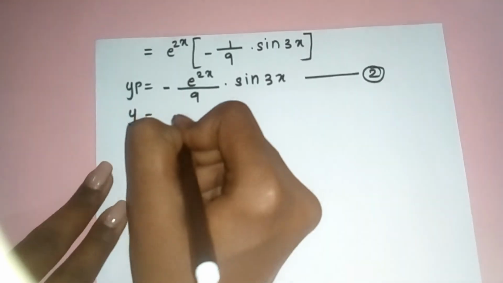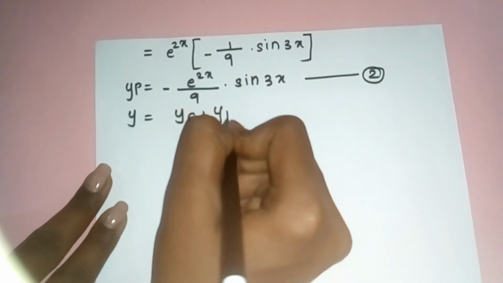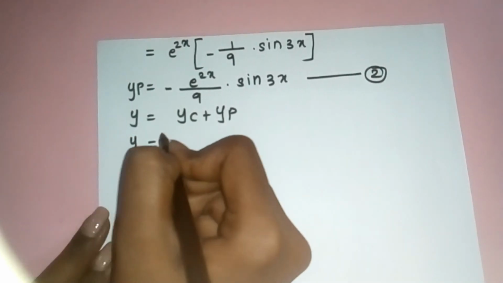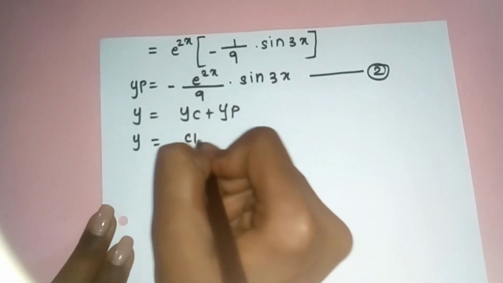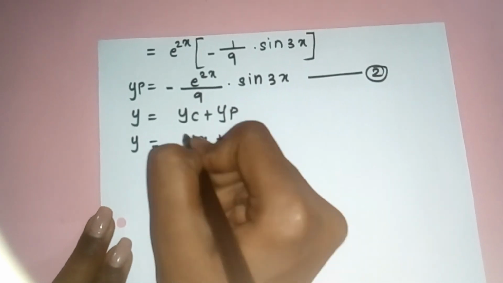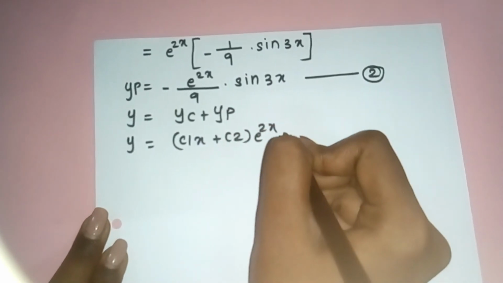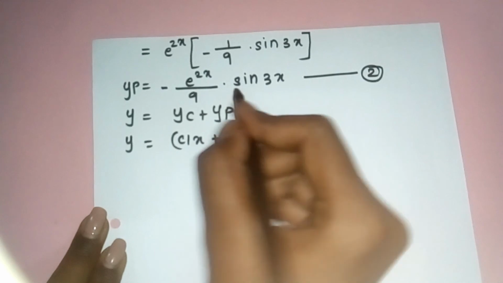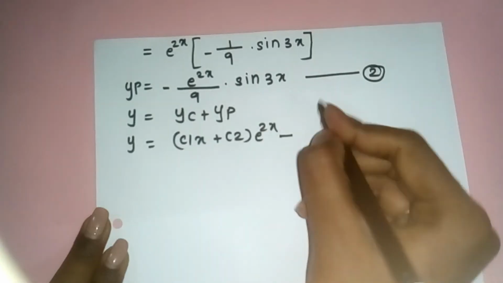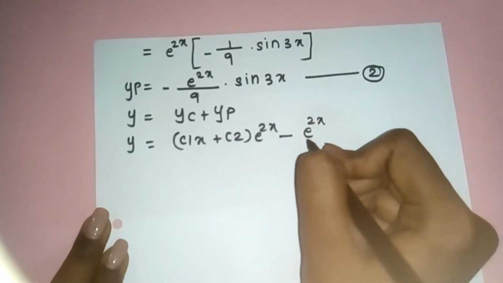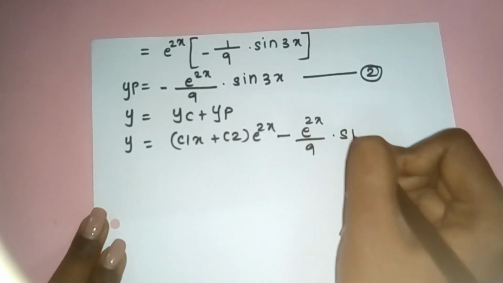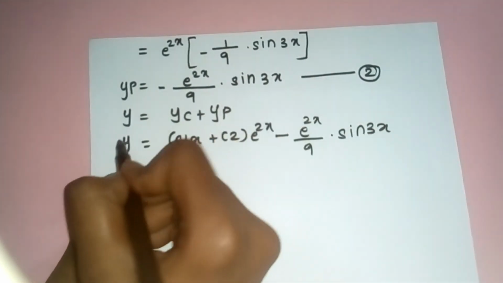Now y is equal to yc plus yp. So y will be c1x plus c2 into e raised to 2x, plus yp, but here we have minus e raised to 2x upon 9 into sin 3x. Now this is the final answer.